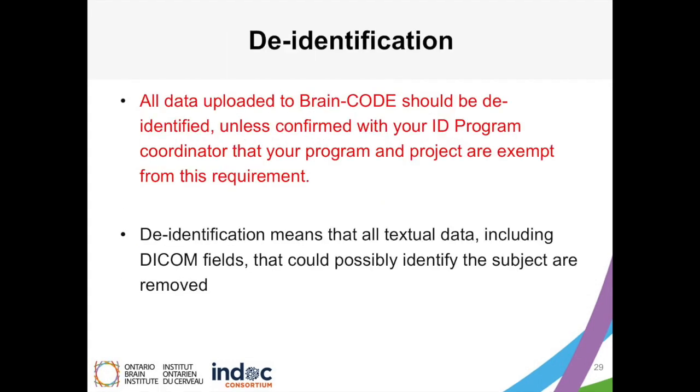De-identification on BrainCODE. All data uploaded to BrainCODE is required to be de-identified unless otherwise confirmed by your IDP coordinator that your program and project are exempt from this requirement. De-identification means that all textual data, including DICOM fields that can possibly identify participants, is removed.